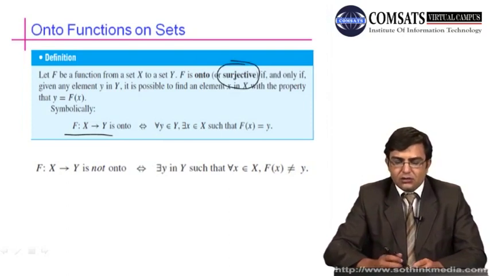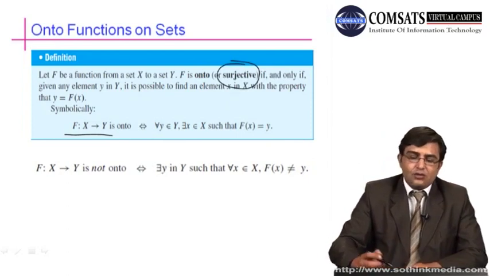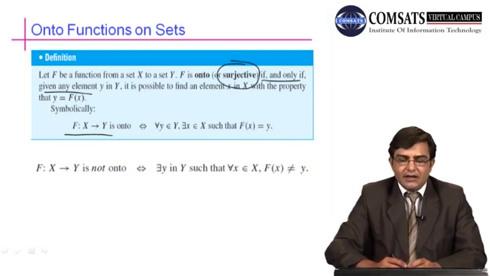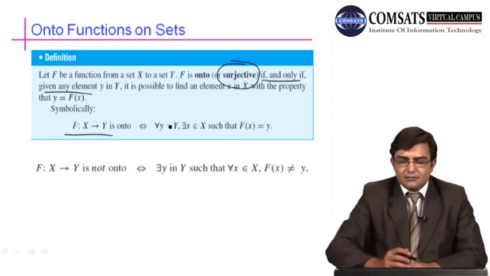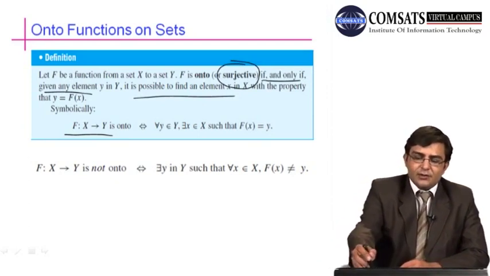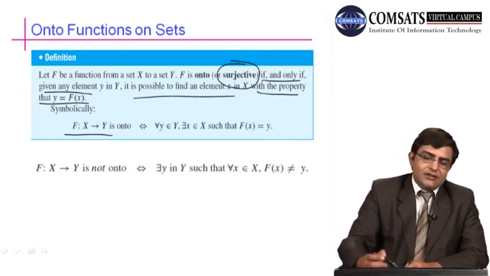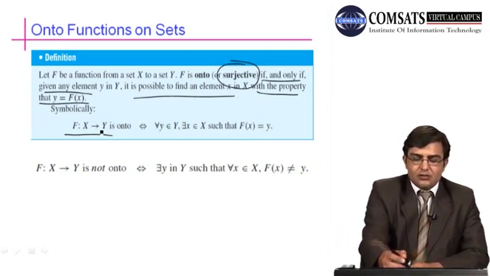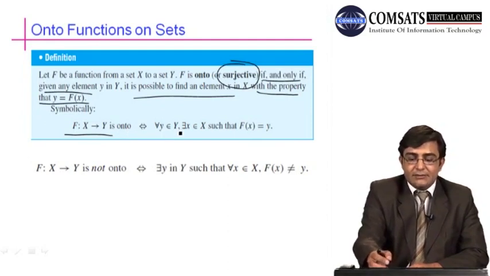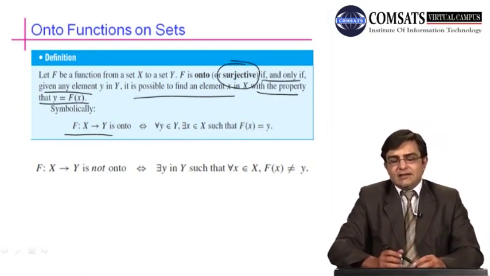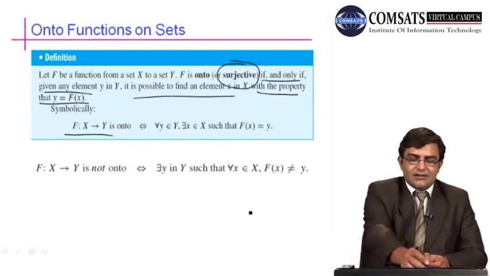Onto functions are also called surjective functions, and any function f is onto if and only if, given any element y in Y, it is possible to find an element x in X with the property this. Symbolically, we represent it f is from X to Y is onto if and only if for all y belongs to Y, there exists some x such that f of x equal to y. Now what does this expression or this statement mean?